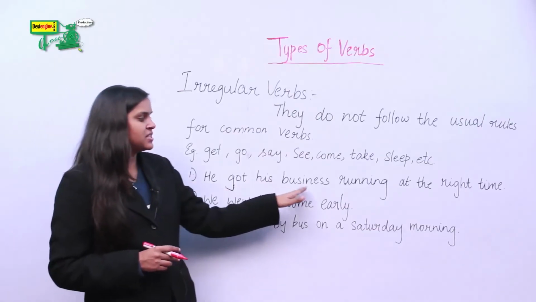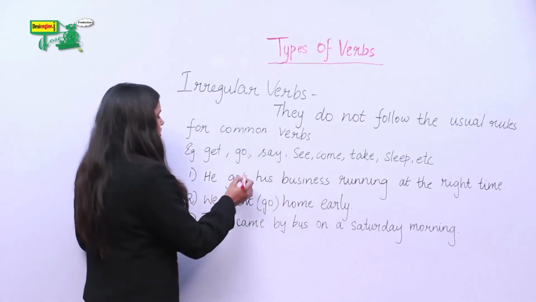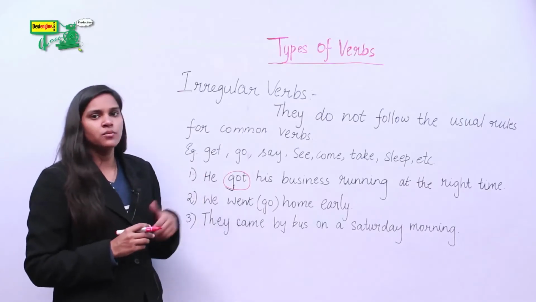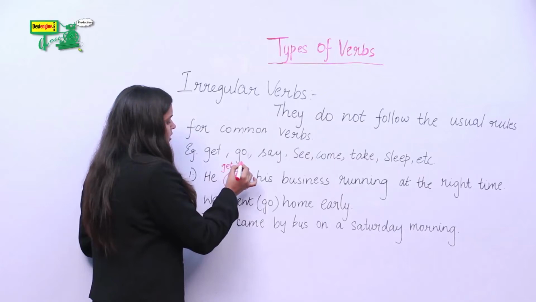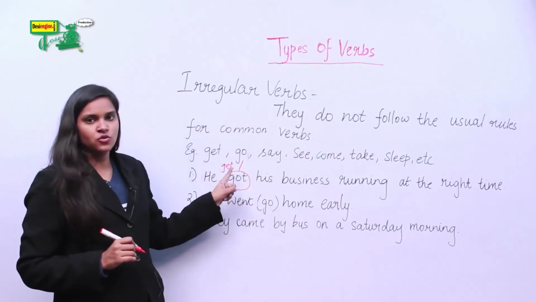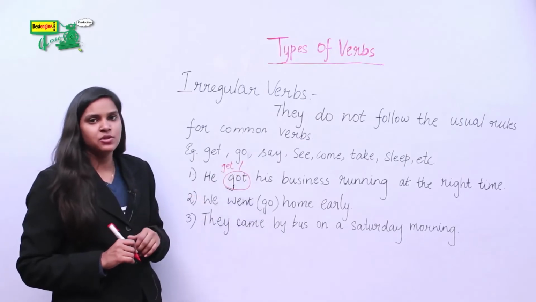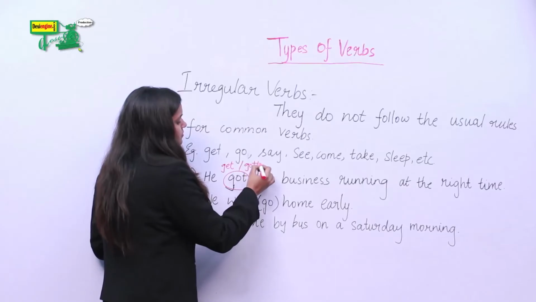He got his business running at the right time. Here, our irregular verb is got. The main verb of got is get. The simple past of get is got and the past participle of get is gotten.